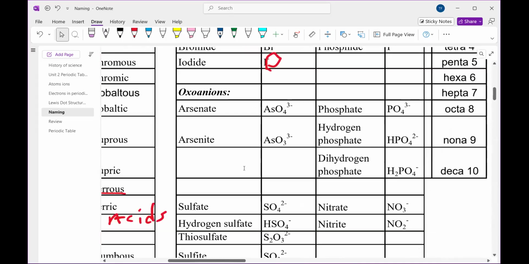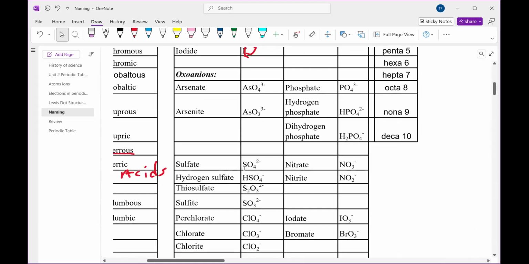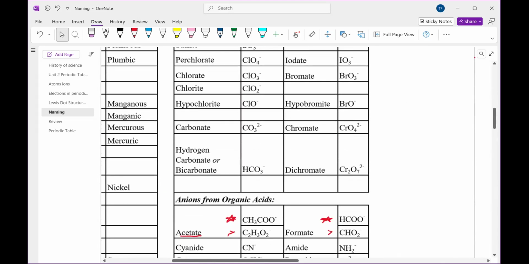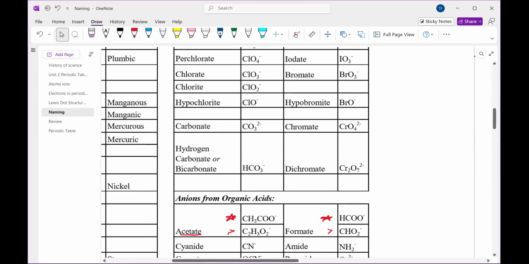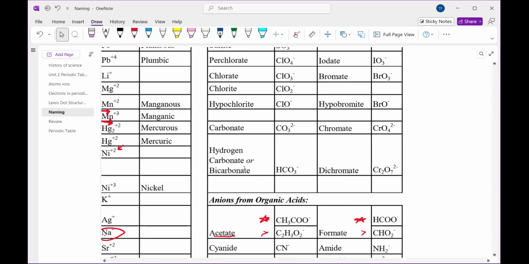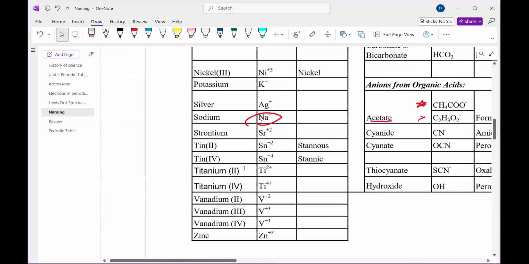Okay, so because of that oxygen atmosphere, oxygen permeates the anion all over the place. So there are groupings with oxygen. That's what makes the anions more complicated than the metals. Metals are much more straightforward.